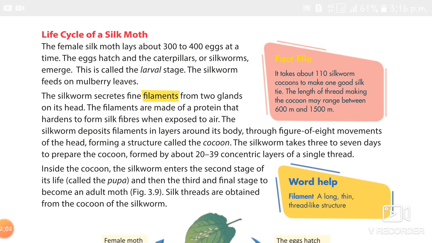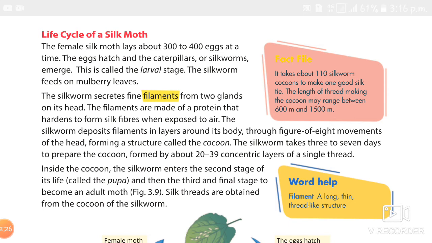So why is that? Silk is a very comfortable fiber because it absorbs moisture. It is cool to wear in summer and warm in winter. It is soft and lustrous as it shimmers in light.